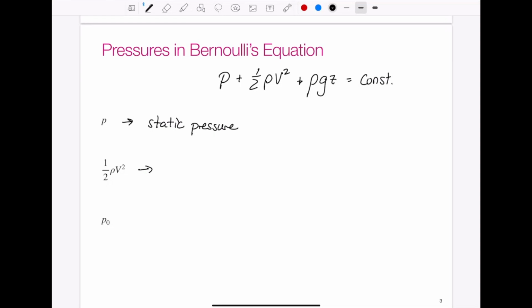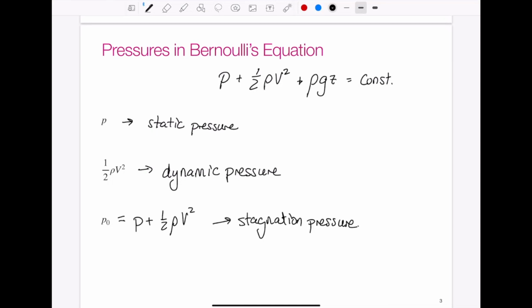Our second term, 1/2 rho V squared. Dynamic pressure, good. And P0, yeah, stagnation pressure, and it was equal to P plus 1/2 rho V squared. Good.